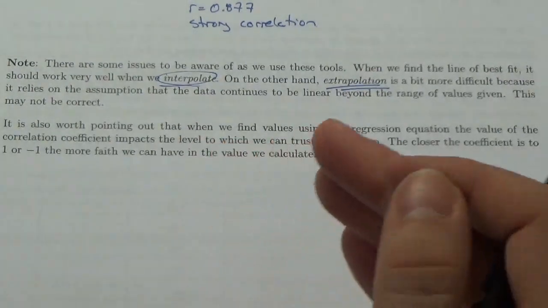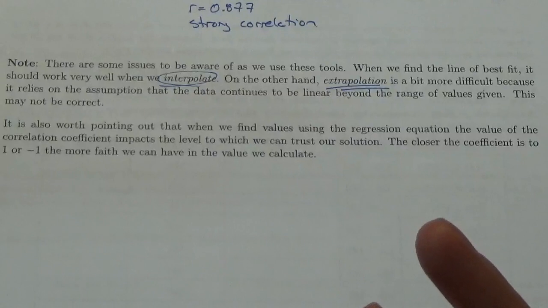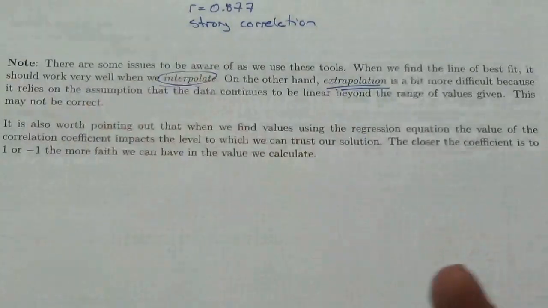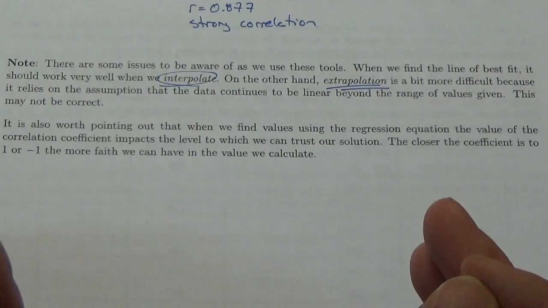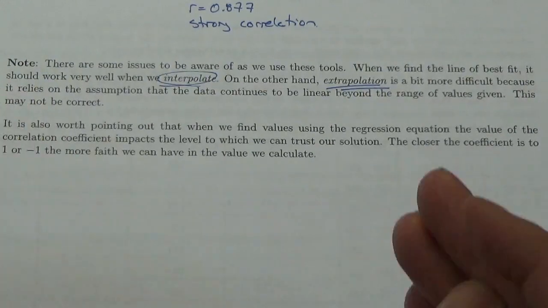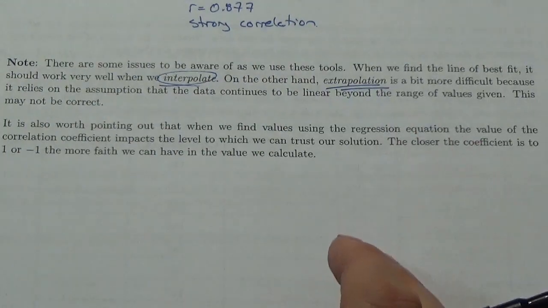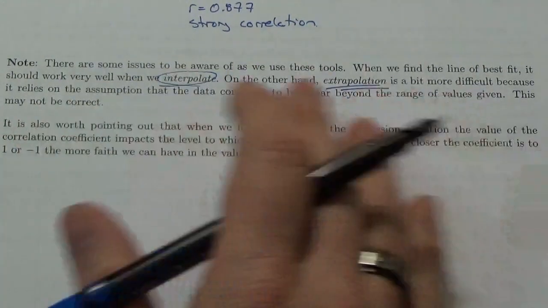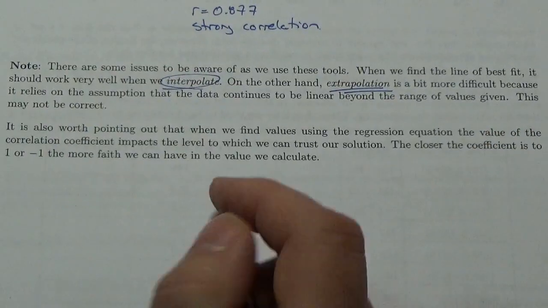Our assumptions about the data being linear, or actually whatever type of graph we assume it is, whether it's quadratic or cubic or whatever, it doesn't really matter. Your assumptions about that might be incorrect beyond the data that you're given. And we've already seen an example like that in this video already. So you have to pay attention to that. Extrapolation might not be trustworthy here.